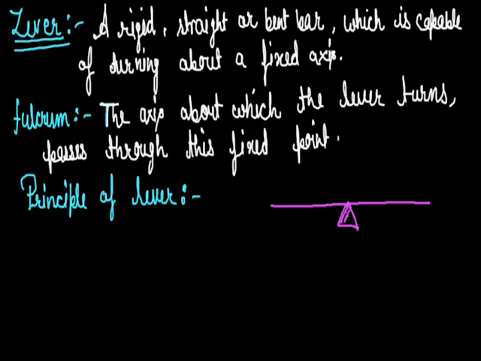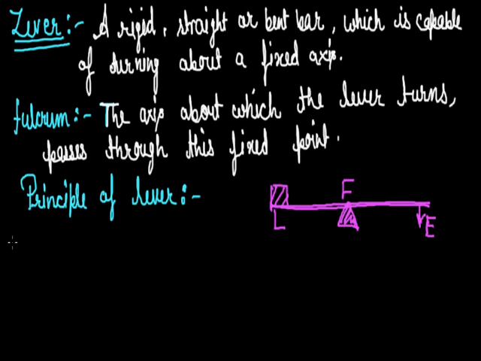Suppose this is a fixed point, then this will be known as fulcrum and we can write it as capital F. Suppose this is a rod which is capable of turning about this fixed point. Now suppose here a weight is kept which is known as load, so we can write it as L, and from this side we are applying an effort, capital E.